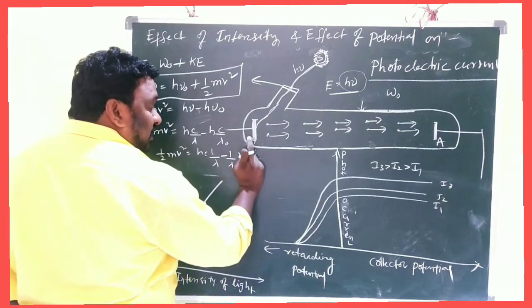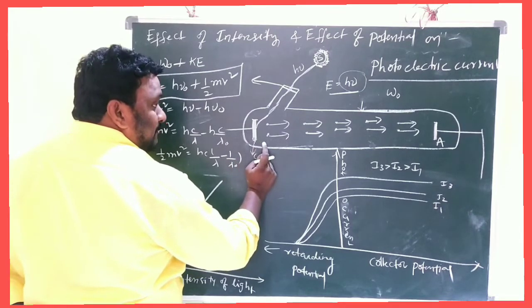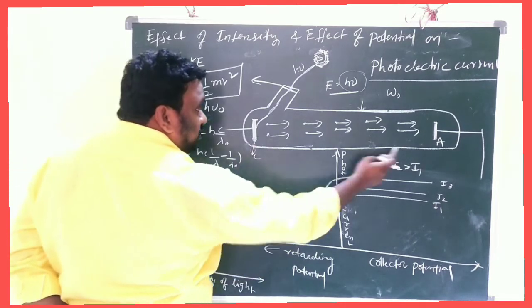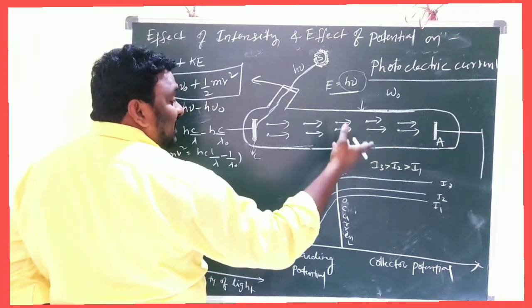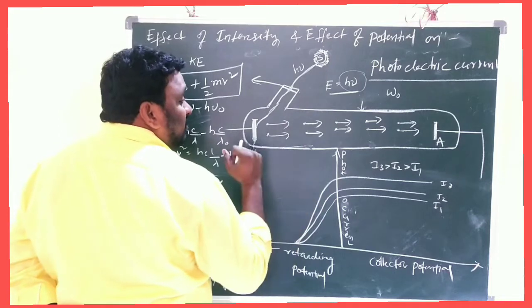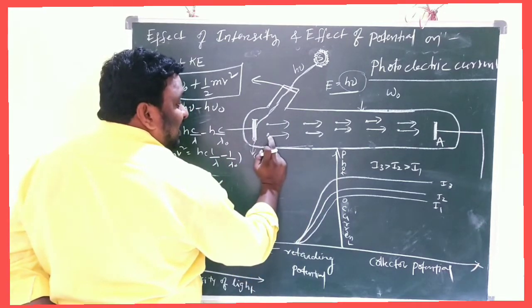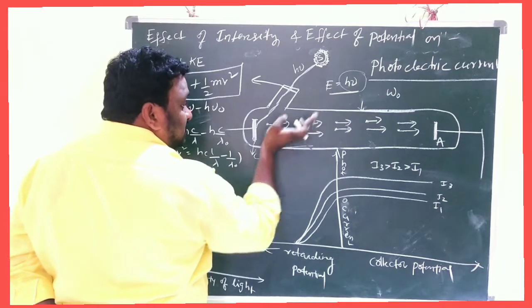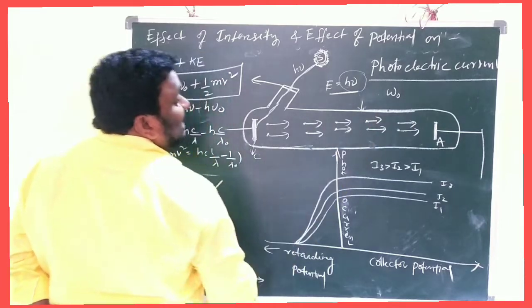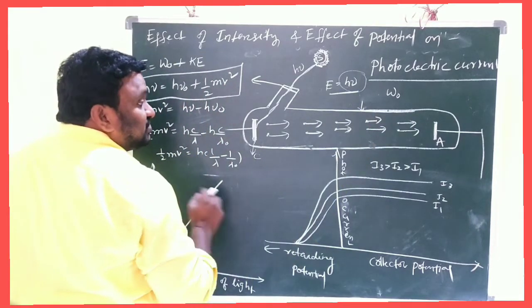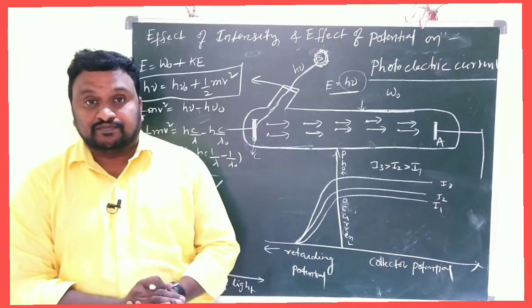That's why after liberation, those electrons must move from C to A. Already we know that every moving body has some energy, that is what we call kinetic energy. That's why the remaining energy of h nu should be in the form of kinetic energy of the electrons. So that is what we call Einstein's photoelectric effect.